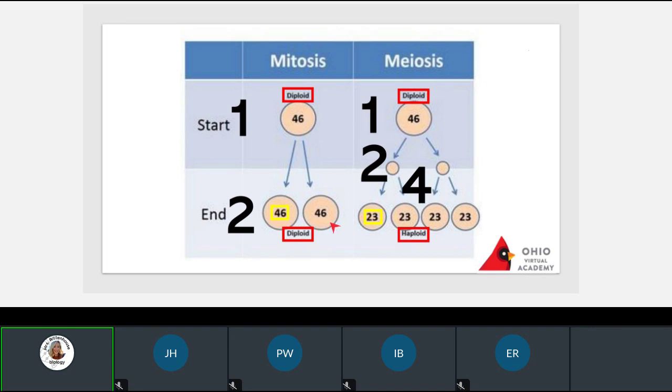So in human cells, we have 46 chromosomes. Pip has 46, Connor has 46, Justin has 46, Tabby and Kai and Faith and Adam and Ireland and Cody, they all have 46 chromosomes.